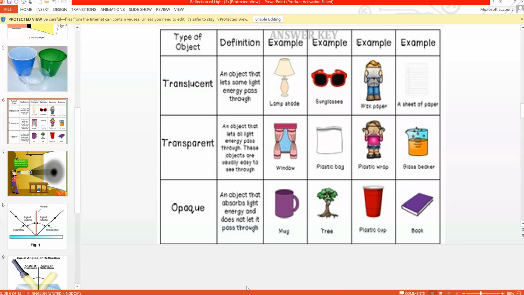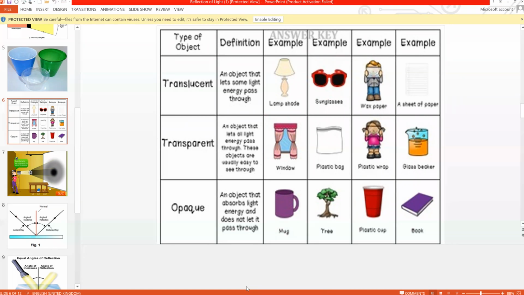And if I talk about translucent objects, they form very light shadows, because they are partially allowing light to pass through them. They will not completely allow the light to pass through, but they partially allow some light to pass through. So translucent objects form some faint shadows or light shadows.